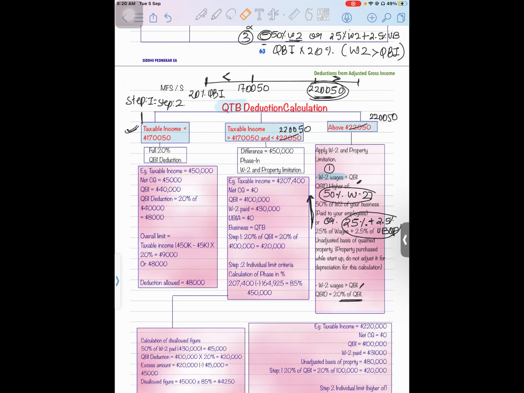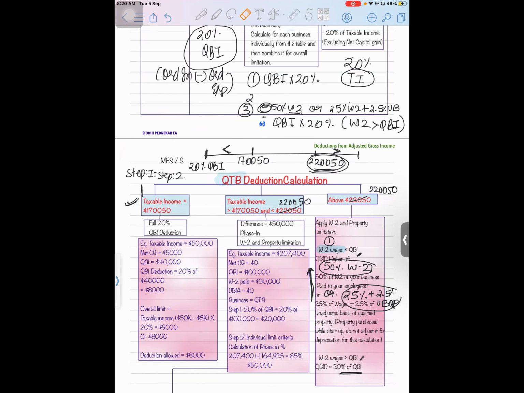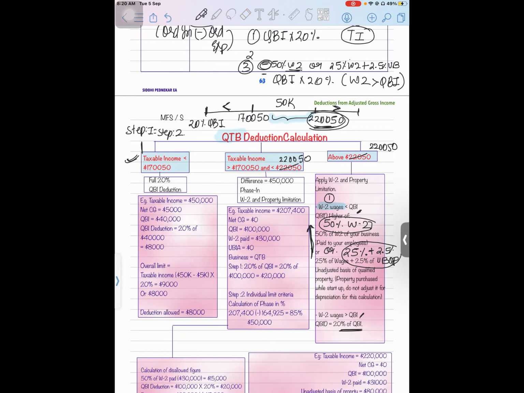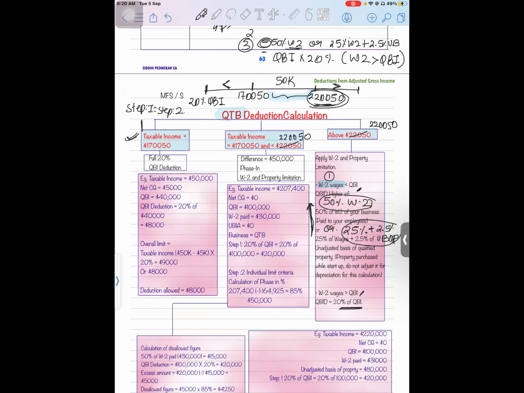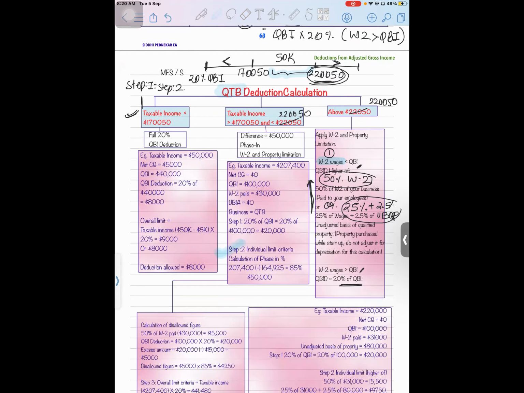So now let's see the second step. It says that whenever your taxable income falls somewhere between the lower limit and upper limit, the difference is 50,000. So there are steps. First, calculate the phase-in limit.